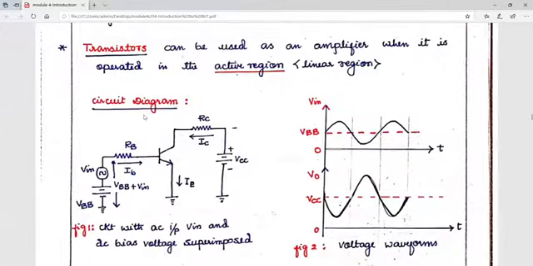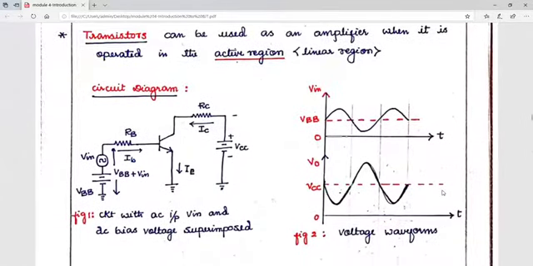Because when you give input to a common emitter configuration, we already saw that there will be a 180-degree phase shift between your input and your output. Clear? So since this circuit is operating as an amplifier, it will amplify your input signal and also phase shift it by 180 degrees. Clear? Now we'll see how this particular circuit is working.